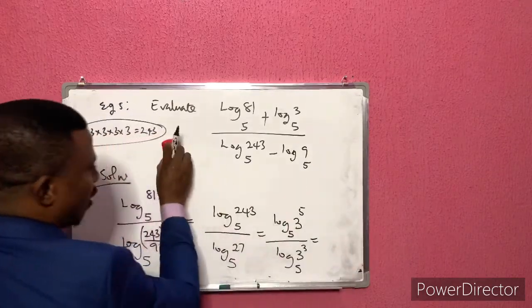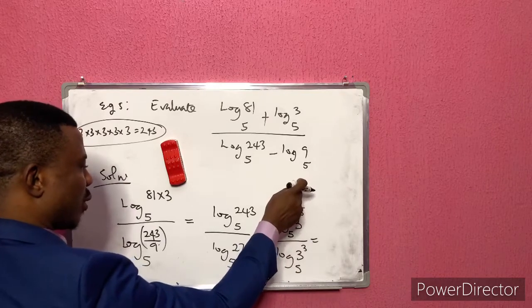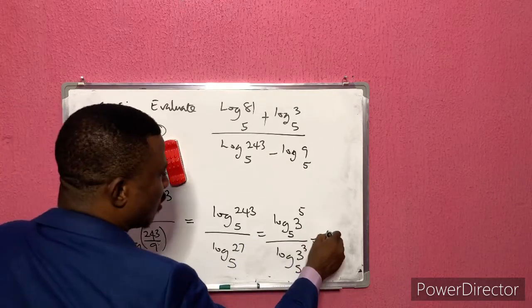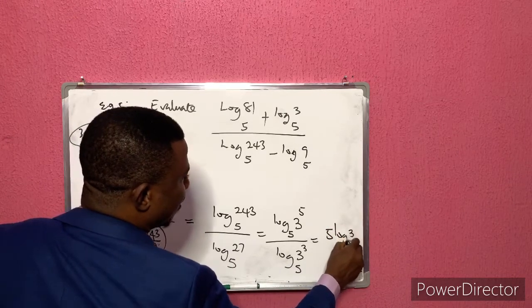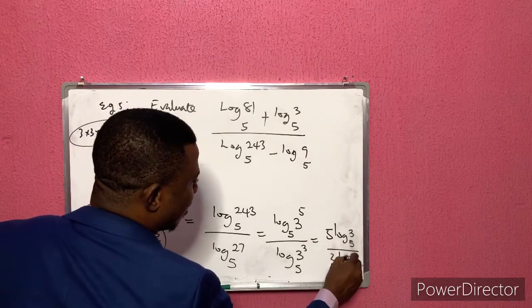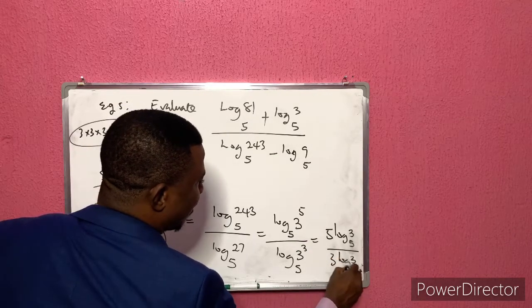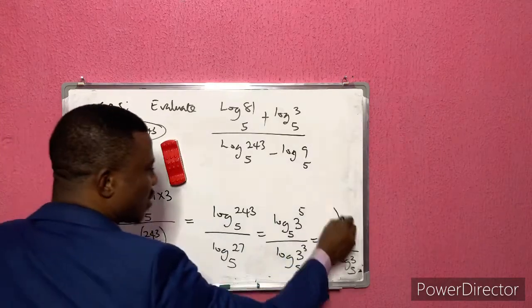Remember the law of logarithm. When the log is raised to a power, it comes to the back: 5 log 3 base 5 all over 3 log 3 base 5. So log 3 base 5 over log 3 base 5 can cancel each other.